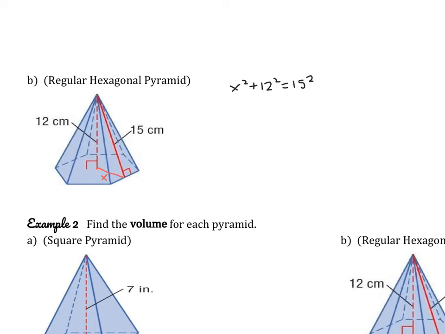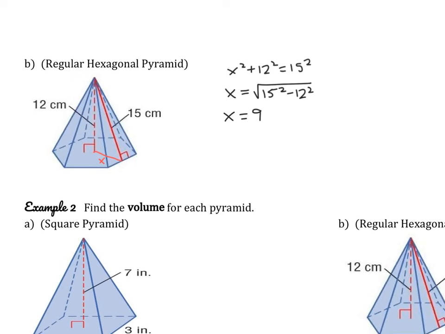So I'm going to subtract 12 squared and take the square root of both sides. So here we get an x value of 9. So we can use this to help us find the area of our base, and we can also use it to help us find the perimeter of our base.